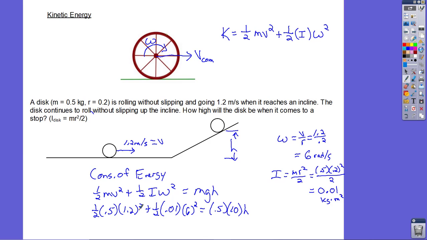I'll do a step or two more, but I don't have the correct answer on me. So for this first term, let's see. The first term I got 0.36. You can check my math on that. The second term is the one I messed up. So we're going to have 36 times 0.01, which would be 0.36, and half of that would be 0.18.